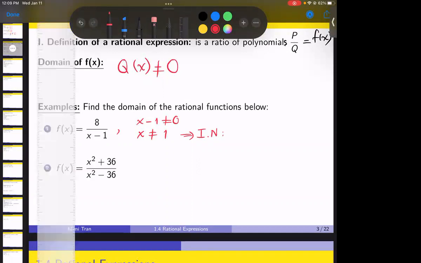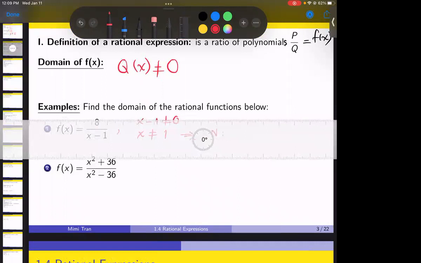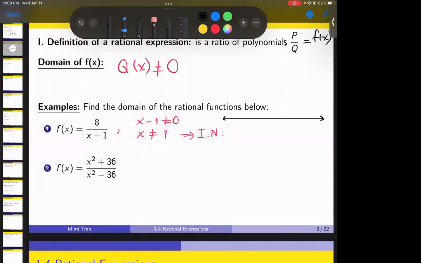If it's hard for you to see, I suggest you draw it out. So here my negative from here to here. So negative infinity to positive infinity, and then there's 1 in the middle. Anything but 1. So how many intervals do I have here?